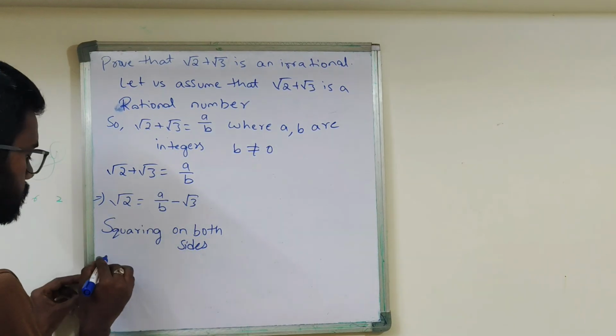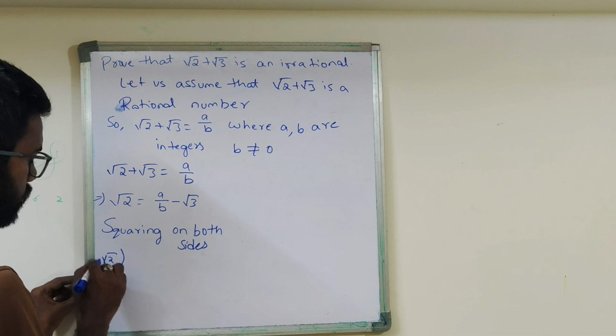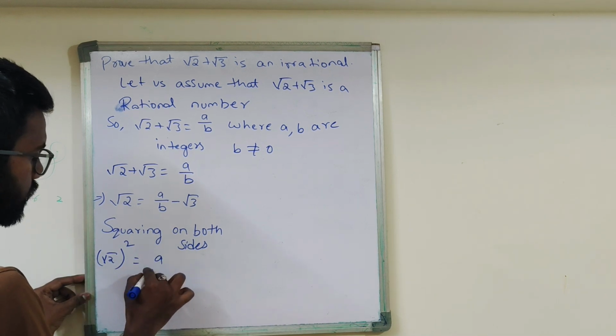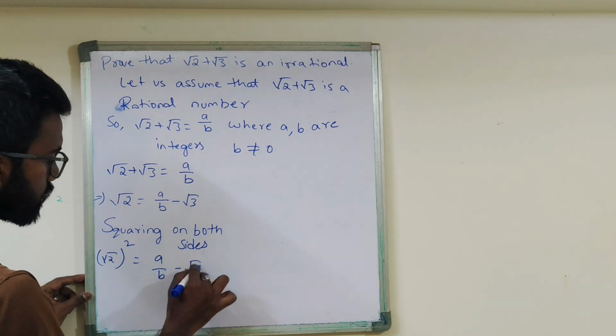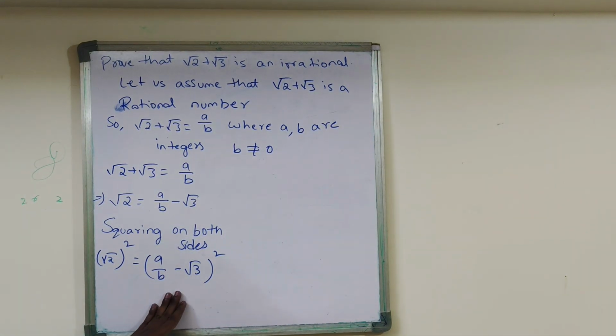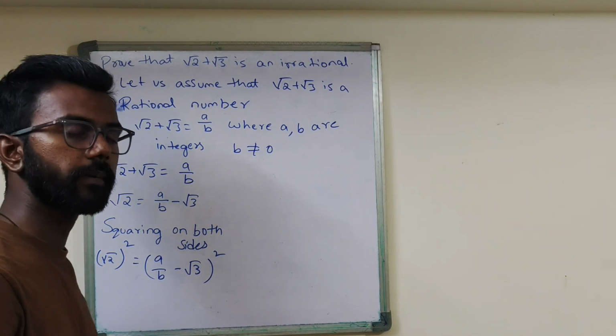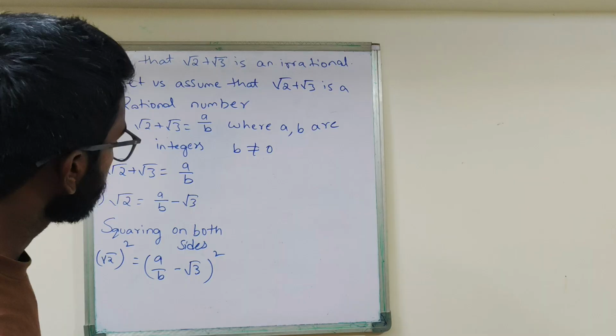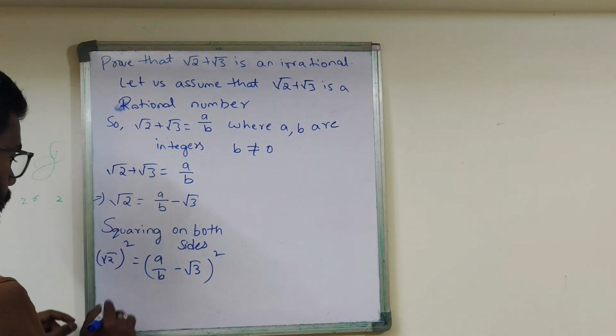If you square on both sides, what will it be? Root 2 whole square equals a by b minus root 3 whole square. On the right side it is in the form of a minus b whole square. What is the formula for a minus b whole square? a square plus b square minus 2ab.